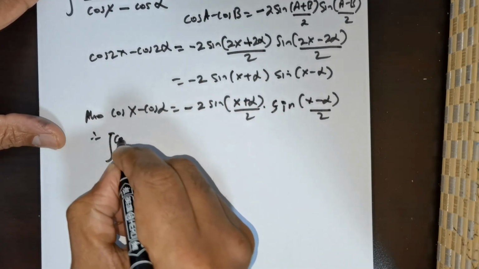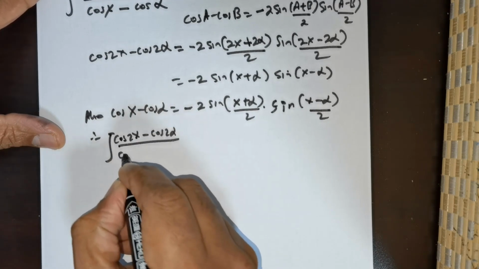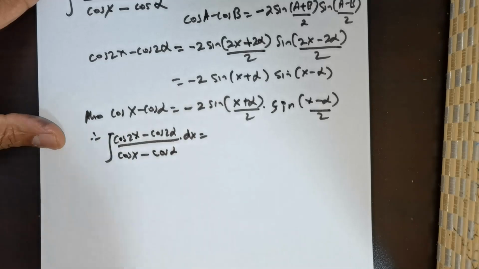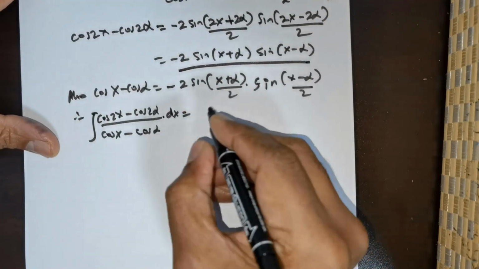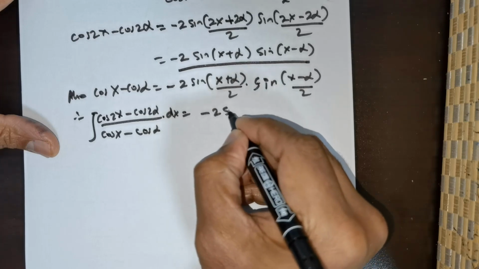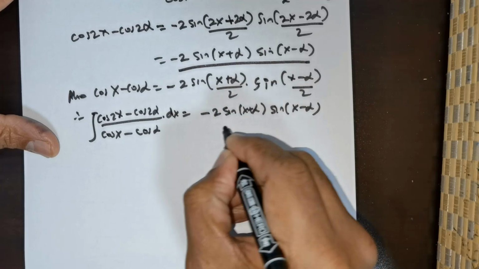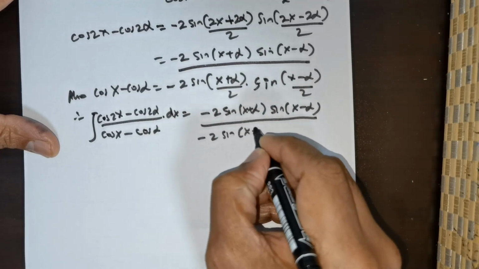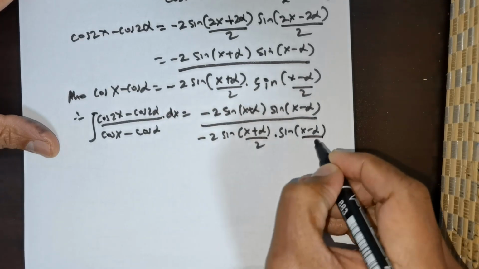Cos of 2x minus cos 2 alpha divided by cos x minus cos alpha times dx is rewritten as minus 2 times sine of (x plus alpha) times sine of (x minus alpha) divided by minus 2 times sine of (x plus alpha) divided by 2 times sine of (x minus alpha) divided by 2.